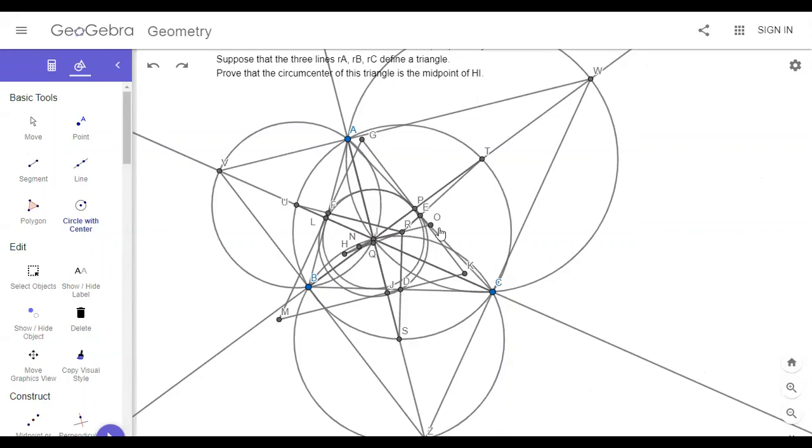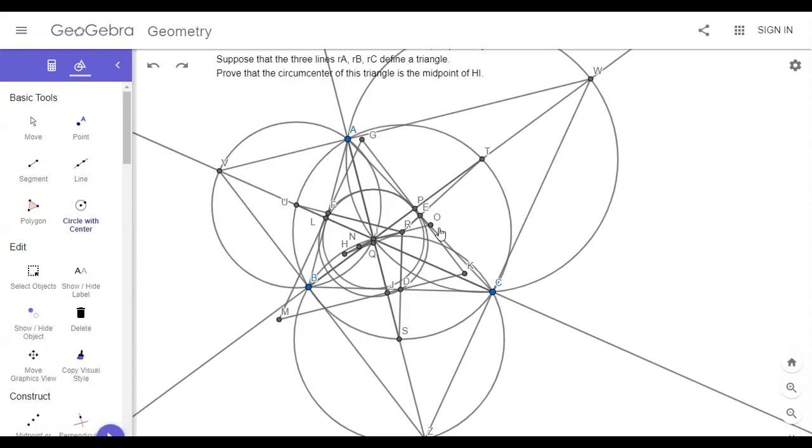Then we proved it. No, we have to prove that that's the midpoint. But if we prove that the triangles MKG and VWZ are similar, we have that the midpoint is the circumcenter of the triangle.